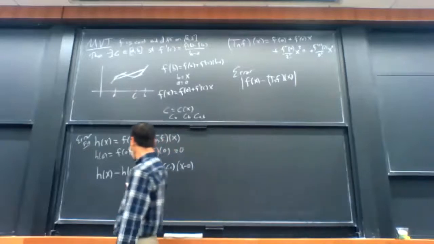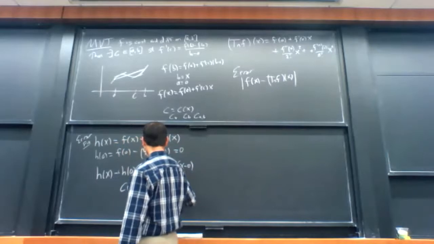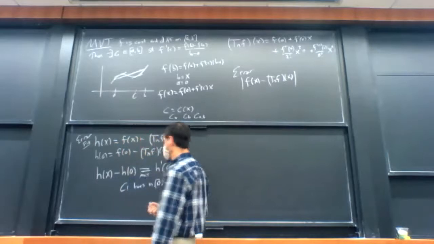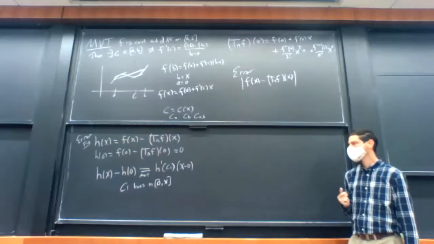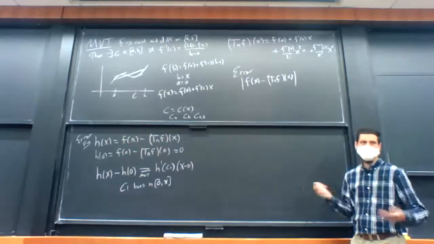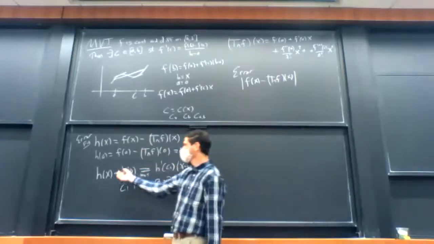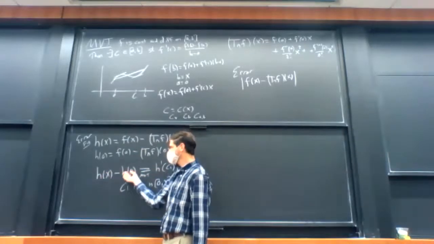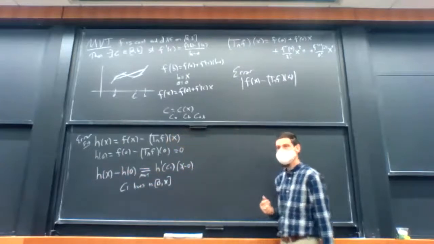And so c1 lives in the interval 0 to x. I'll assume here that x is positive and not negative. If x was negative, it would be simple. So by the mean value theorem, h of x minus h of 0 over x minus 0 is h prime of c1.